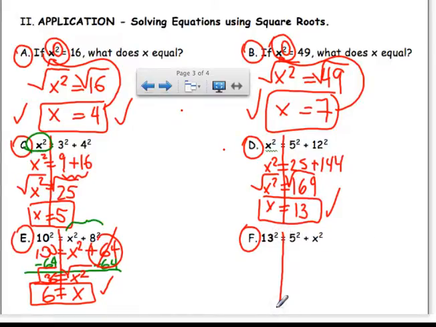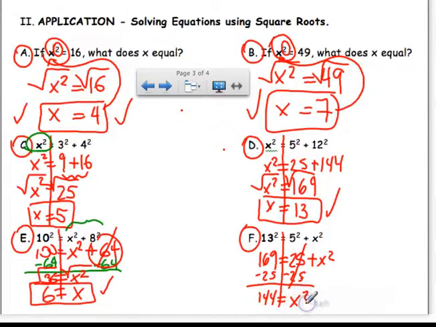You simplify what you know. 13 squared is 169, equals 5 squared, that's 25, plus x squared. Add the opposite of the constant, which is adding negative 25. When you do, your constants cancel, and 169 minus 25 is 144 equals x squared. Find the square root, and x was equal to 12. Give yourself a check if you had that answer.